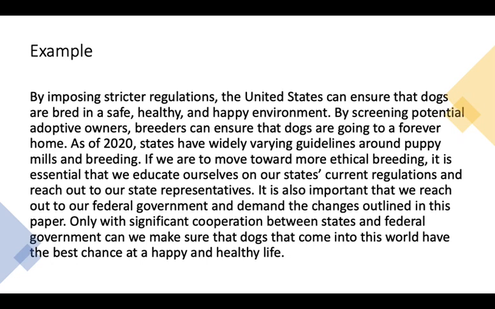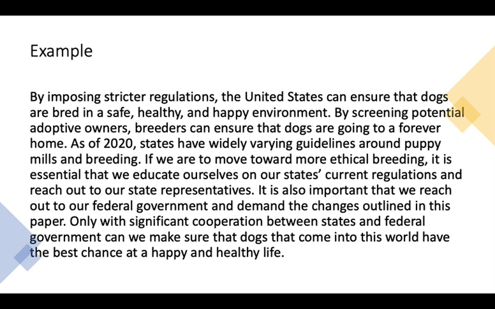By imposing stricter regulations, the United States can ensure that dogs are bred in a safe, healthy, and happy environment. By screening potential adoptive owners, breeders can ensure that dogs are going to a forever home. As of 2020, states have widely varying guidelines around puppy mills and breeding.